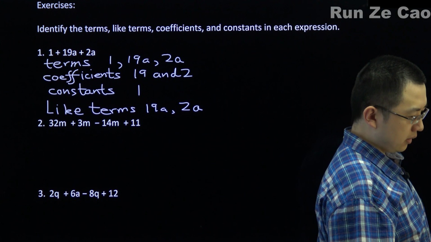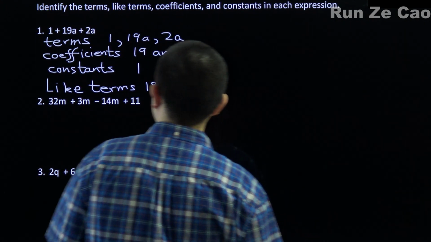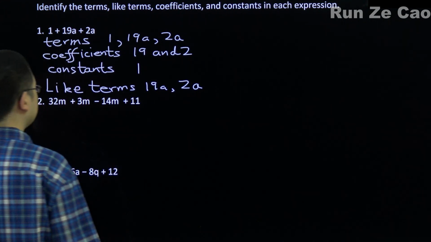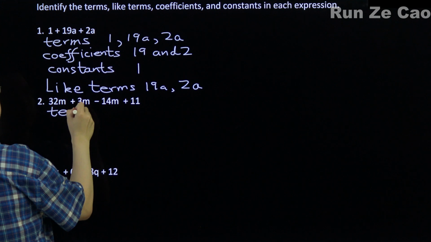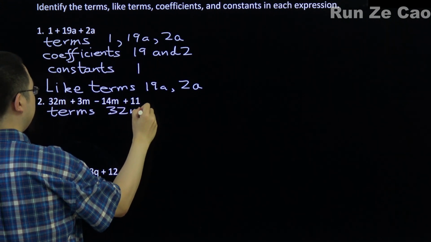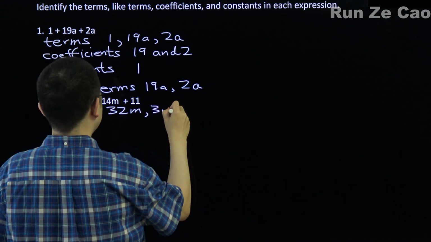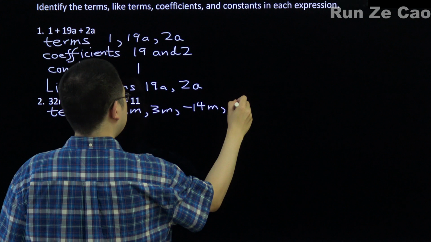Now how about 32m plus 3m minus 14m plus 11? The terms are 32m, 3m, negative 14m, and 11.